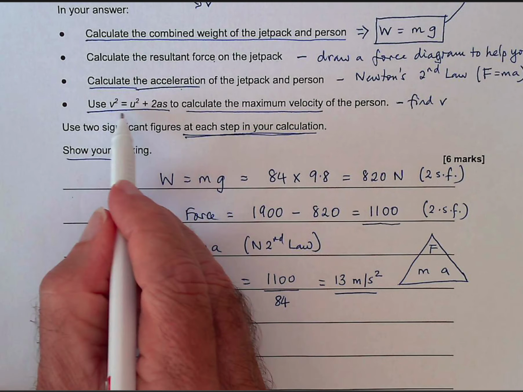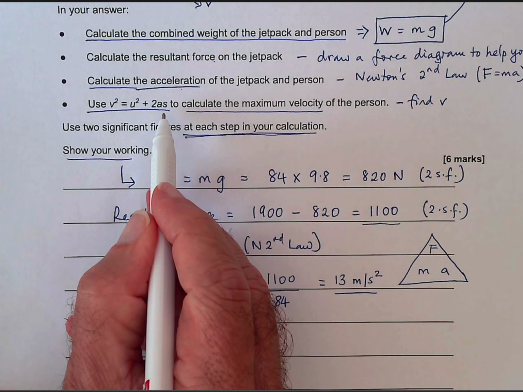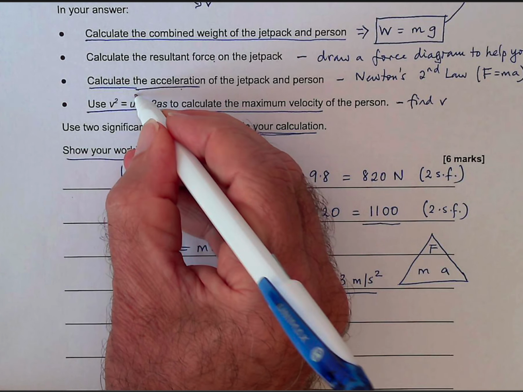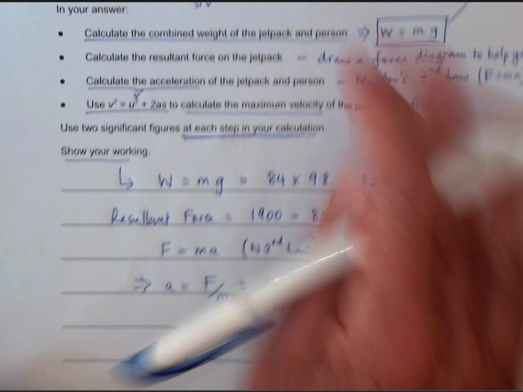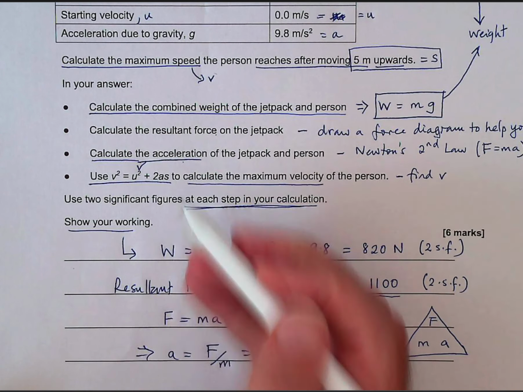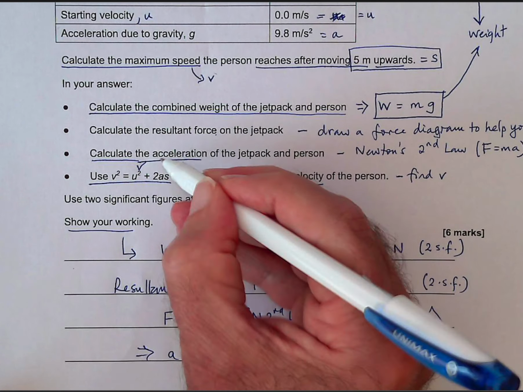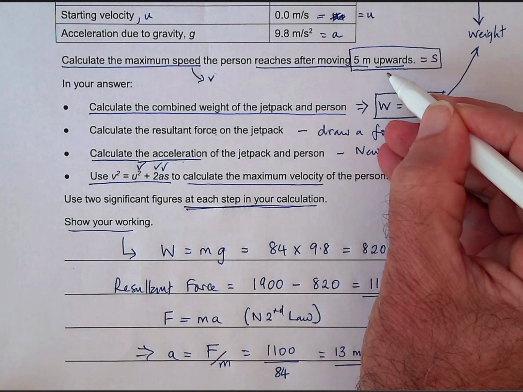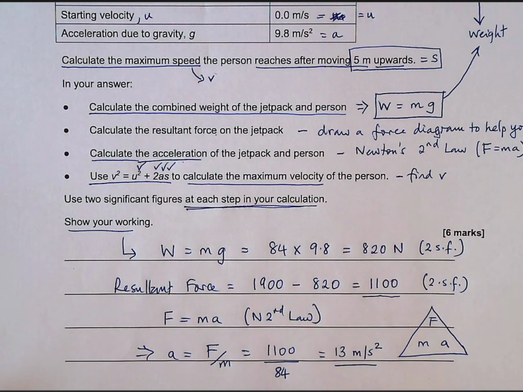So they want you to use v squared equals u squared plus 2as to calculate v. We know u is 0, from the question information given. We know a from the question, we know 2, and we know s also from the question, so we know everything apart from v.